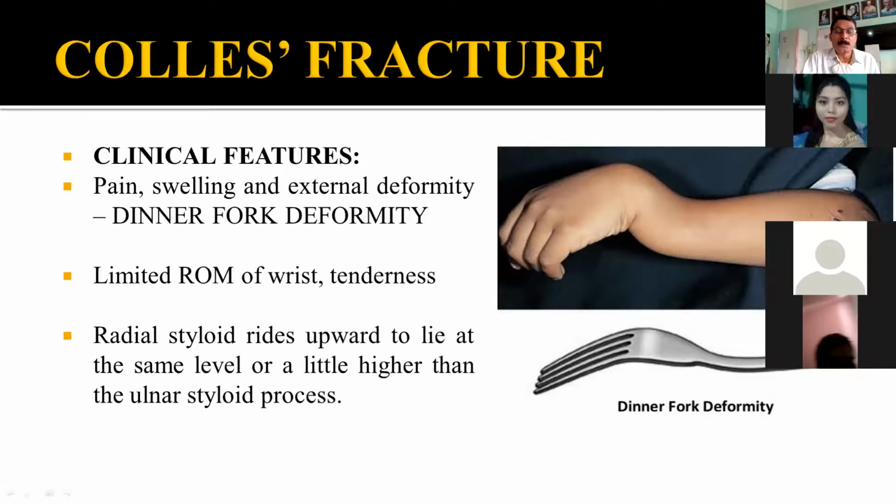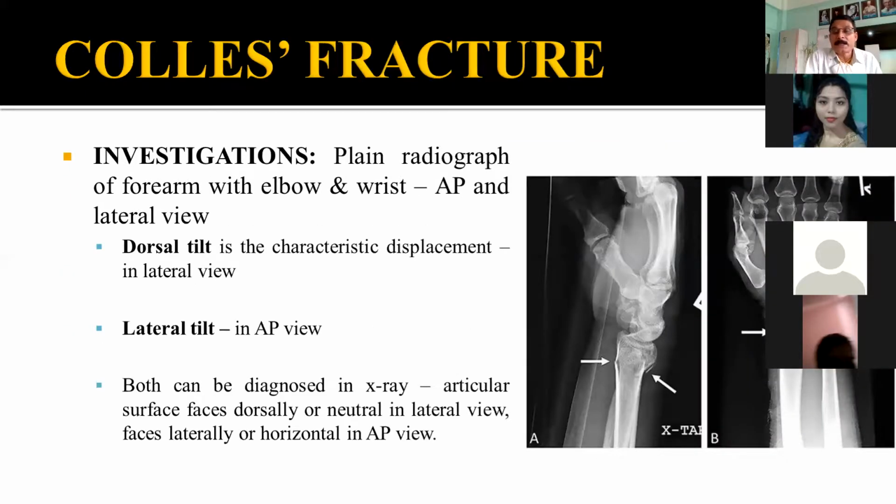So necessarily the patient will have all these problems: pain, swelling, restriction of movement, and if you look at this limb, you will find a classical deformity which is known as dinner-fork deformity. So after the patient is coming to you, go for the X-ray to confirm it.